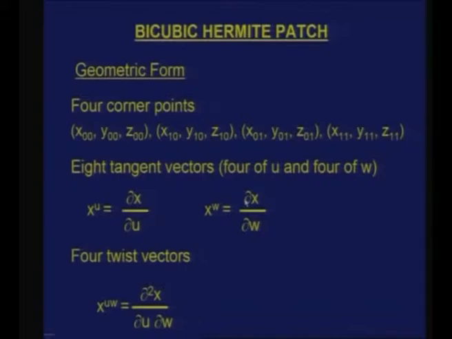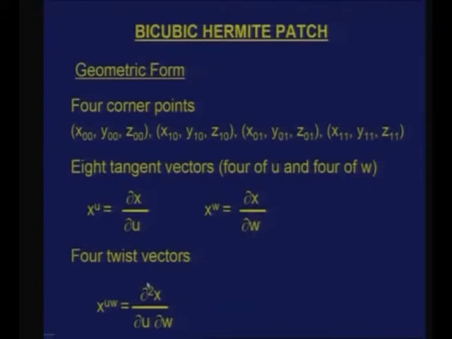Similarly, I have 4 tangent vectors with respect to w, which are del x by del w, del y by del w and del z by del w. So, at any particular point you have 3 coordinates x, y and z, 3 of the tangent vector with reference to u and 3 of the tangent vector with reference to w.